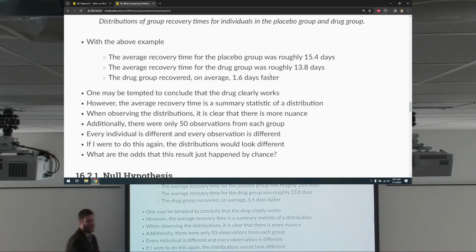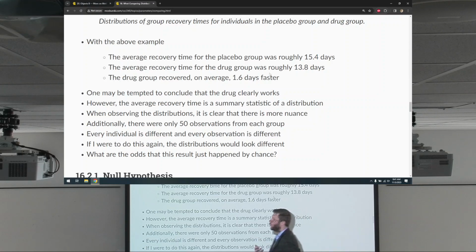So what are the odds? The big question I have is, okay, let me say that point again. If I were to do this exact same trial again, with more people even, the distributions I get would look a little different, because everyone's different. Do you agree? That's what's going to happen.